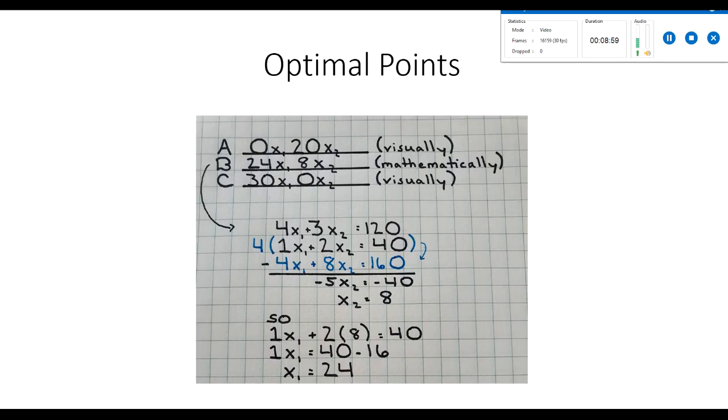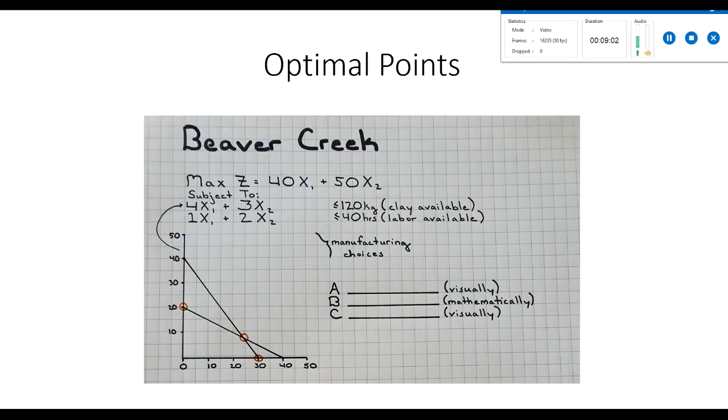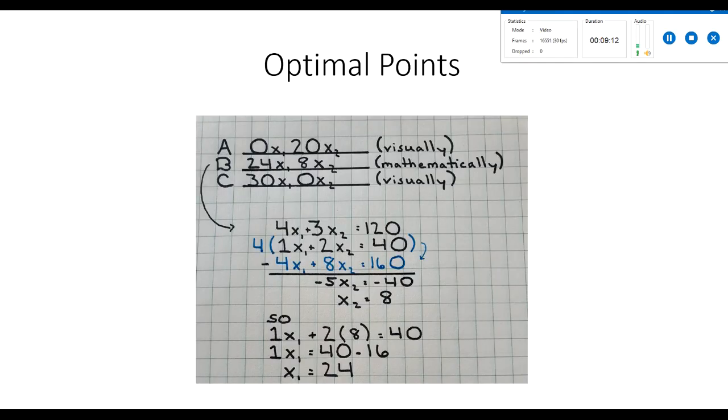A becomes, as we see here, 0, 20. C becomes 30, 0. B we have to find mathematically, which I do here. We take both equations, C1 and C2, and we have to equalize them. To equalize them, I multiplied equation 2 by the number 4.